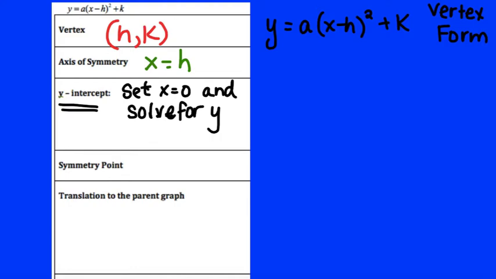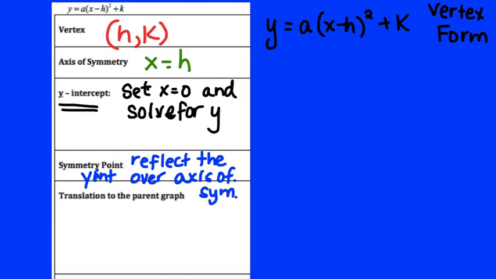All right, then I'm going to show you how we can find a symmetry point. Okay, we're going to reflect the y-intercept over the axis of symmetry, and I'm going to show you how to do that.